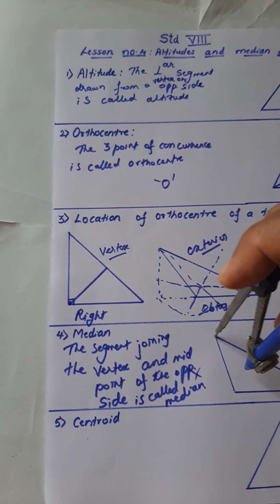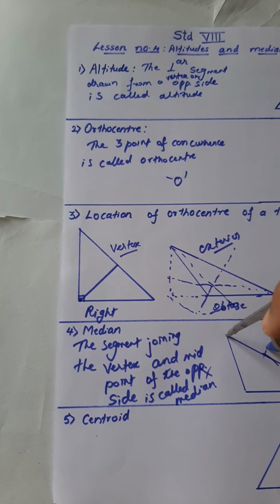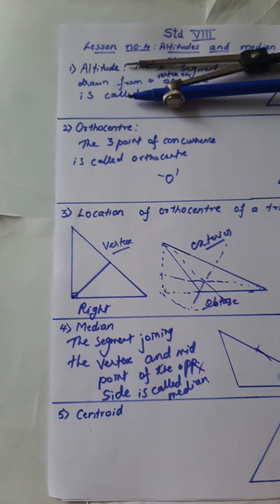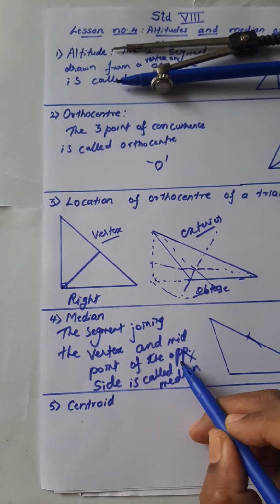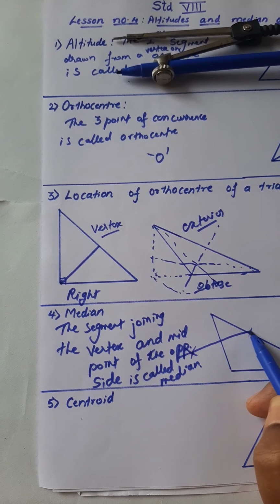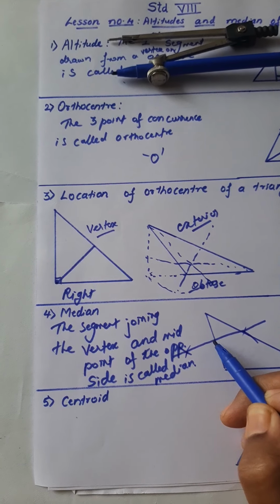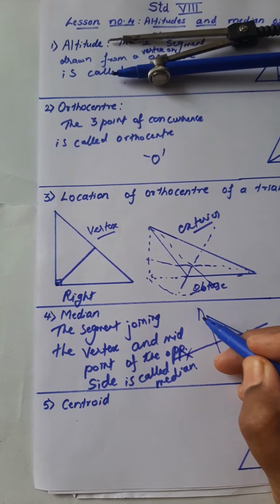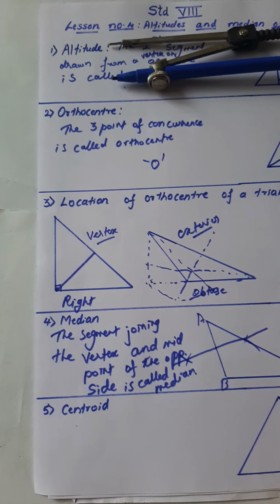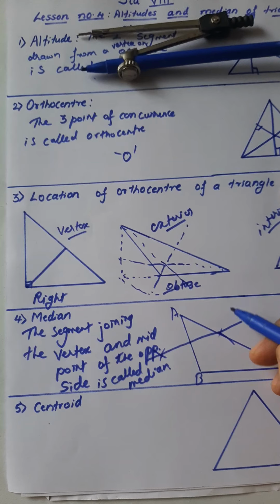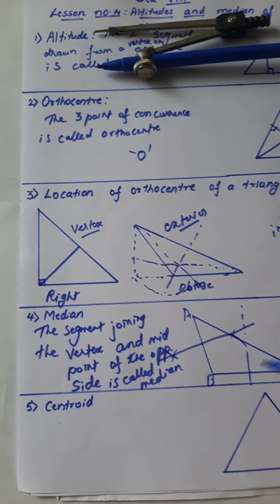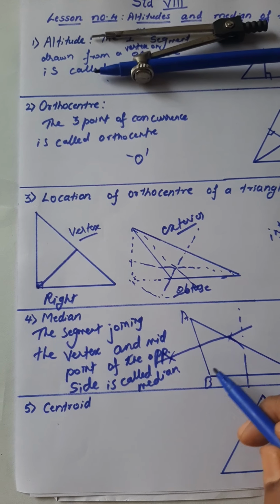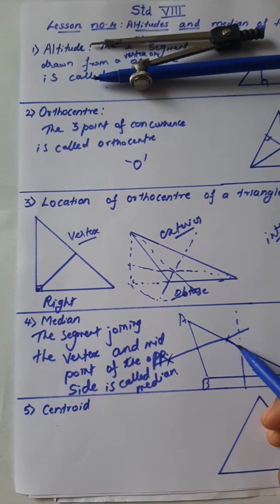Now these 2 points, when we join with the help of a scale, then this will be the midpoint of the segment AB. Similarly we can draw the midpoint of the segment BC, and similarly the midpoint of the segment AC.